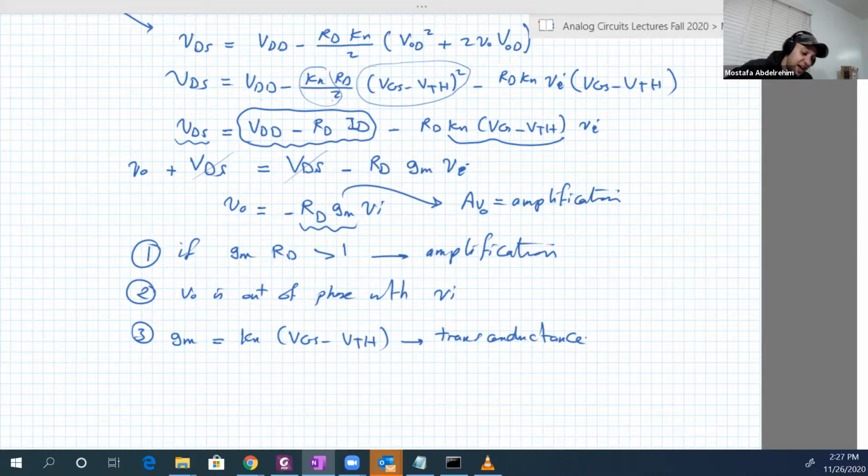Another very important observation is that when we have input that is part AC and part DC, we will have output that is also part AC and part DC. And we know for sure that the DC part comes only from the DC input, the battery, capital VGS.